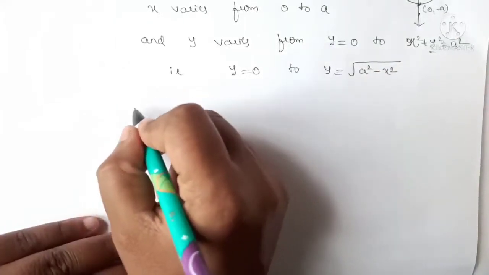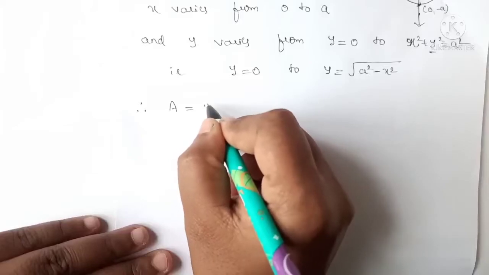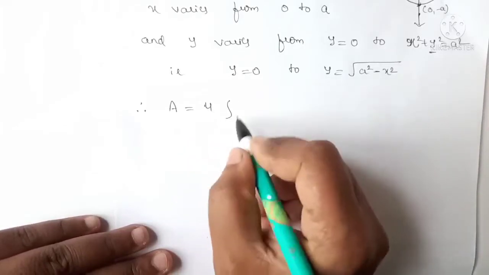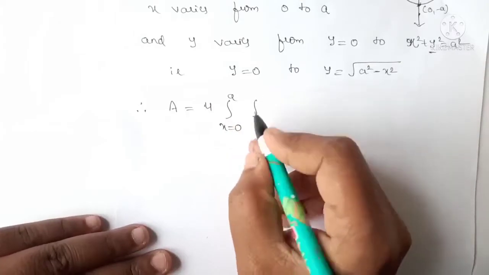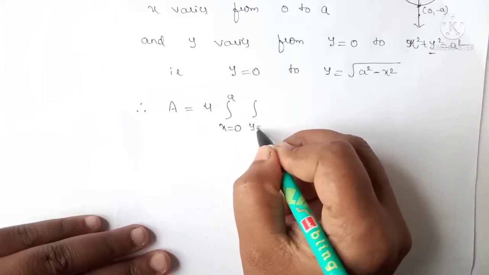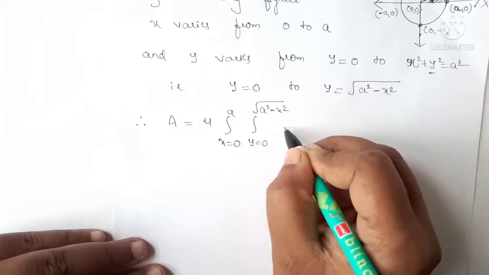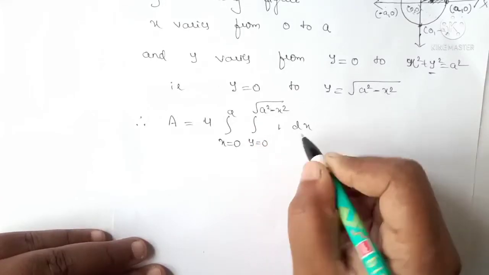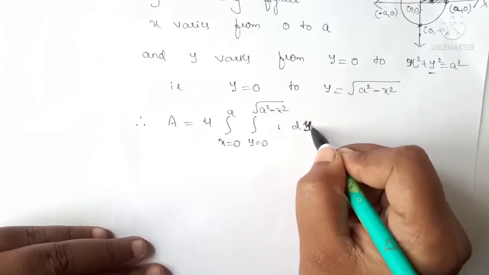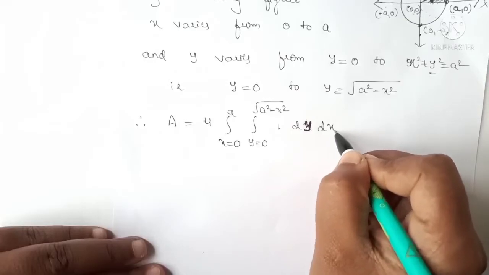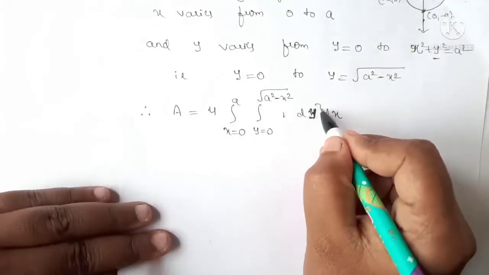Therefore the area is equal to 4 times the integral x equals 0 to a, integral y equals 0 to square root of a square minus x square, 1 into dx, because we are integrating with respect to y, so I will change it as dy dx.